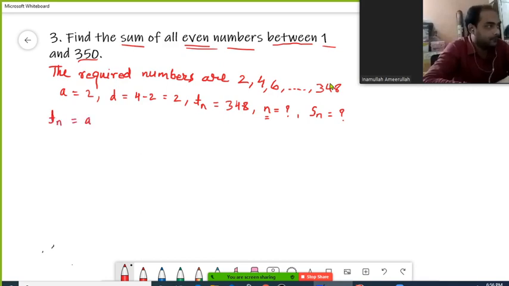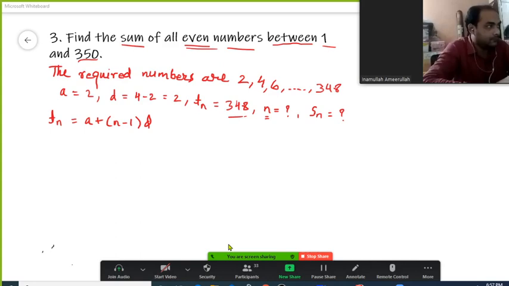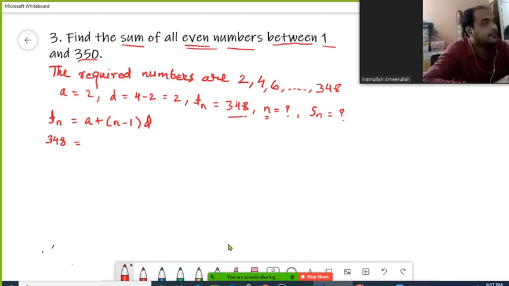Tn equals a plus n minus 1 into d. So Tn is already given, 348. So here I can take 348, a first term, n minus 1.